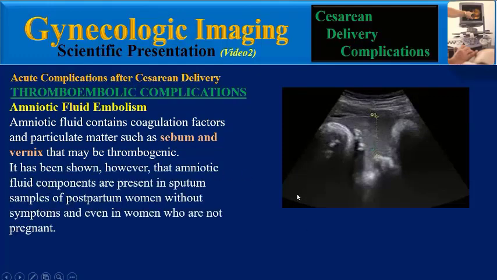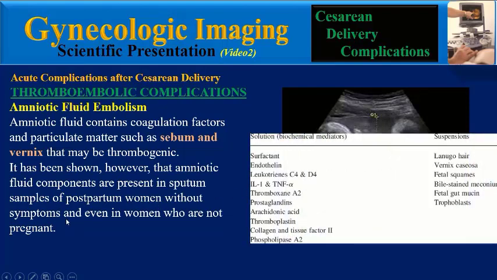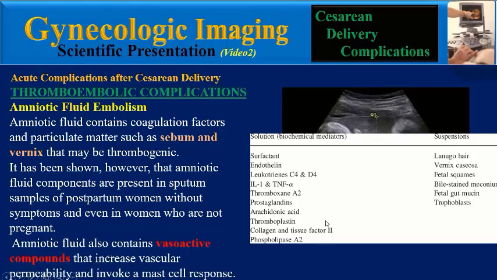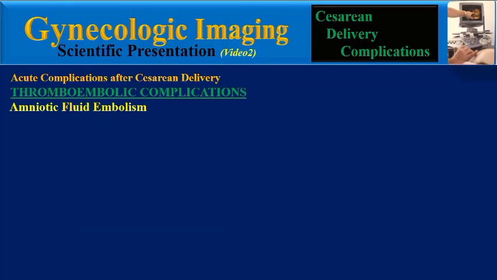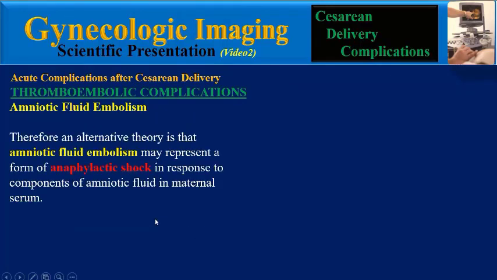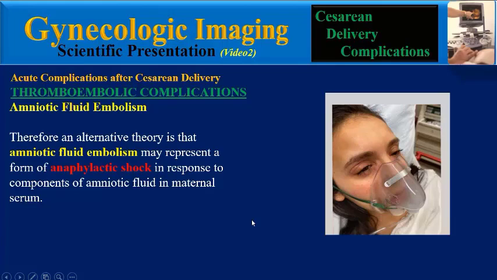It has been shown, however, that amniotic fluid components are present in sputum samples of postpartum women without symptoms and even in women who are not pregnant. Amniotic fluid also contains vasoactive compounds that increase vascular permeability and invoke a mast cell response. Therefore, an alternative theory is that amniotic fluid embolism may represent a form of anaphylactic shock in response to components of amniotic fluid in maternal serum.